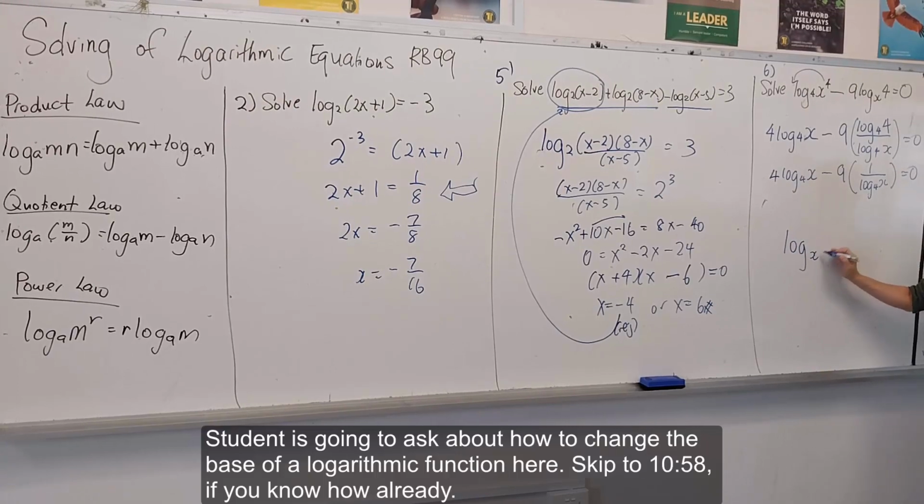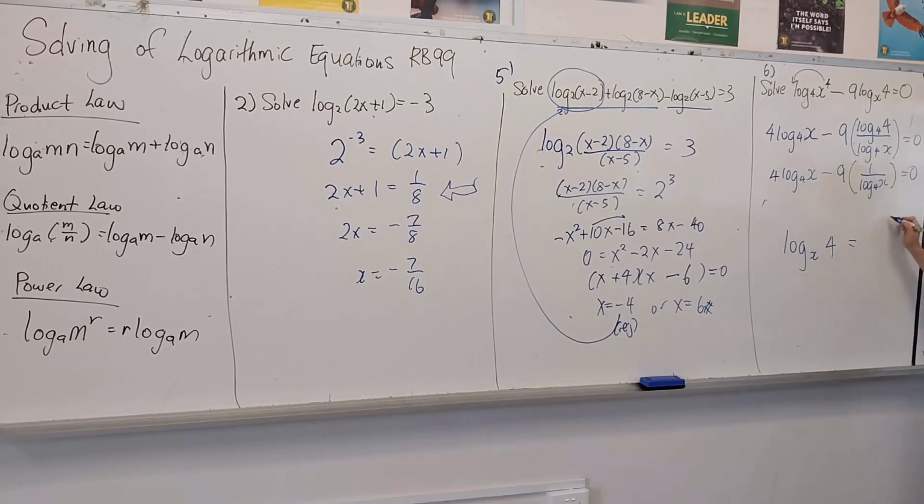Why log base x4 is equal to 1 over, you realize this is equal to what? 1 over log base 4x. Can you see I swap the number? What happens when you swap the number? You have to put a reciprocal, right?